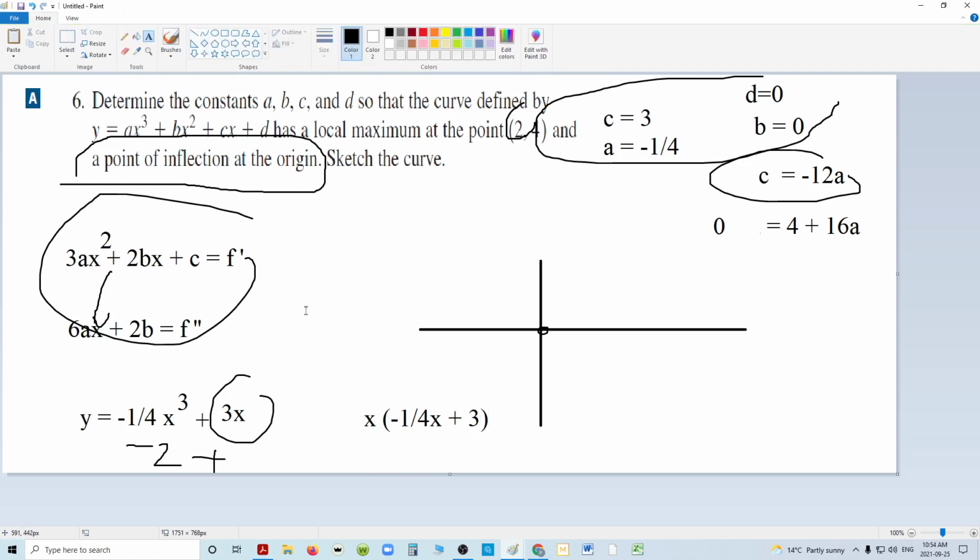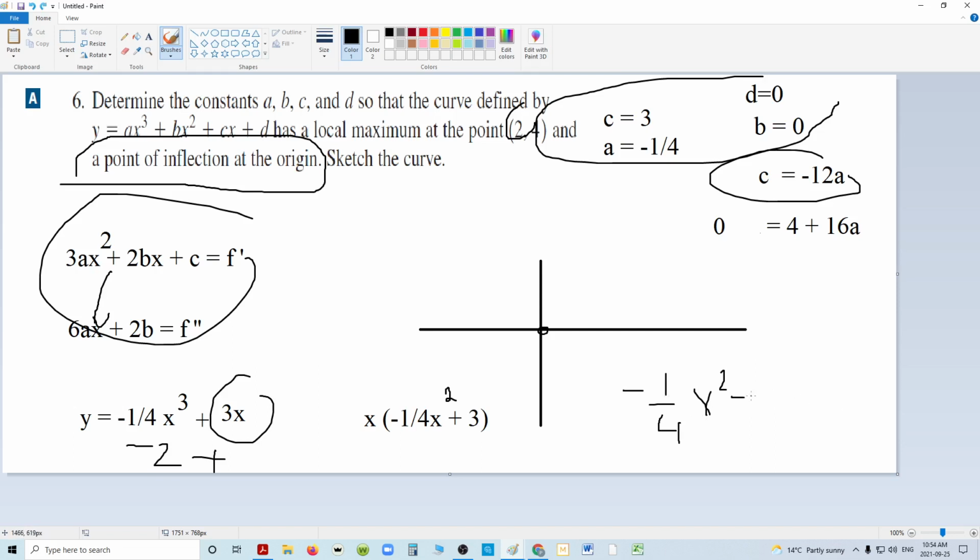We're going to find our other x-intercepts, and that's when this part here is equal to 0. So negative a quarter x squared plus 3 is equal to 0.